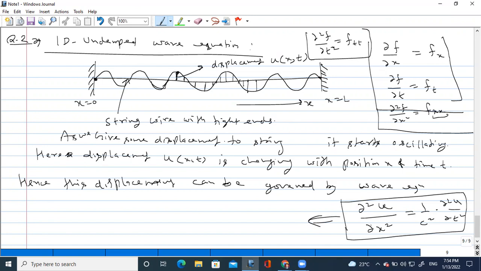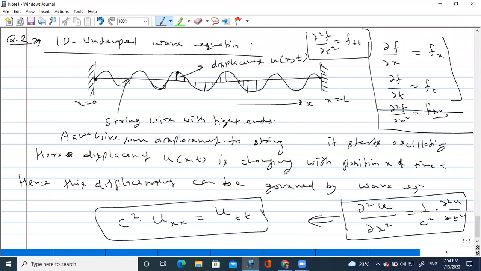So here, if I use this symbol, this equation can also be written as c² u_xx will be equal to u_tt. So this is the equation. In some books it will be written like this also. So we should know both things.